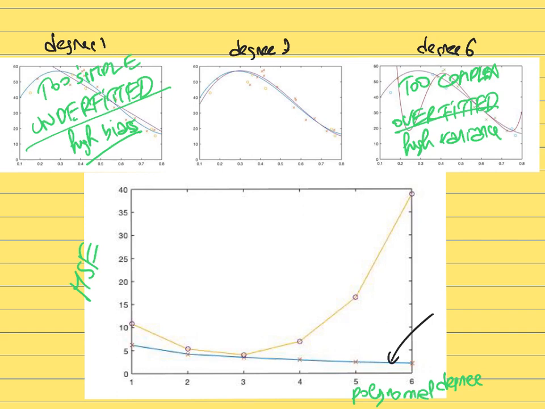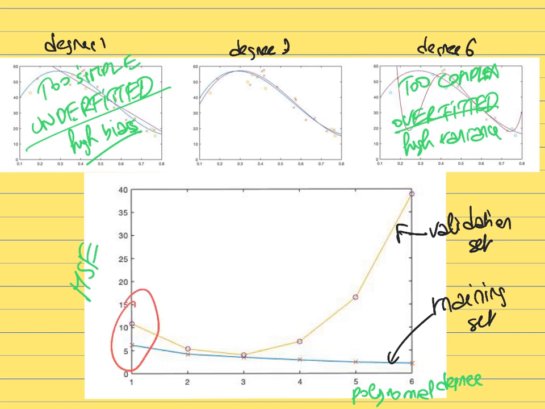This one is the RMSE for the training set. And this one is the RMSE in yellow of the validation set. And when you are plotting those two RMSE on the same plot, then it becomes very easy to look at the case of the models that are overfitted and the case of the models that are underfitted.